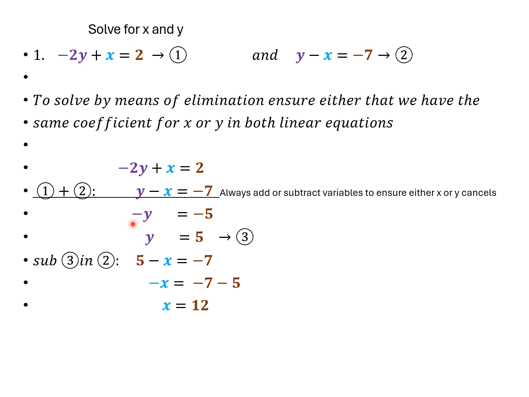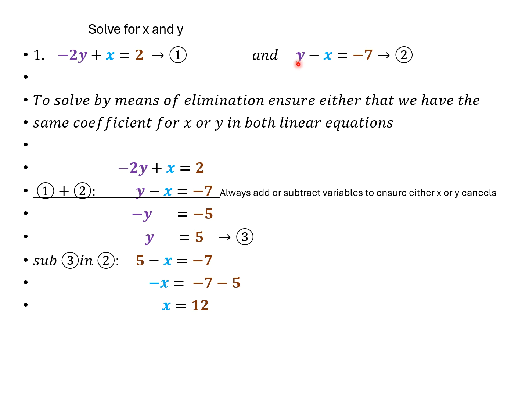So now because I only have y, I can solve for y. Negative and negative, if I divide by negative, that becomes positive: y equal positive 5. That's now my equation 3. I can substitute 3 back into 2, or I can say 3 back into 1. It really doesn't matter where you substitute back in.